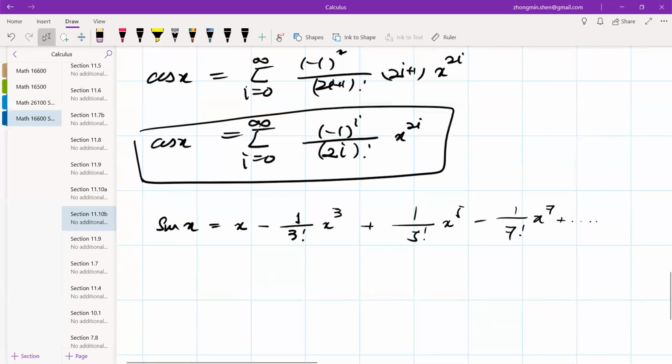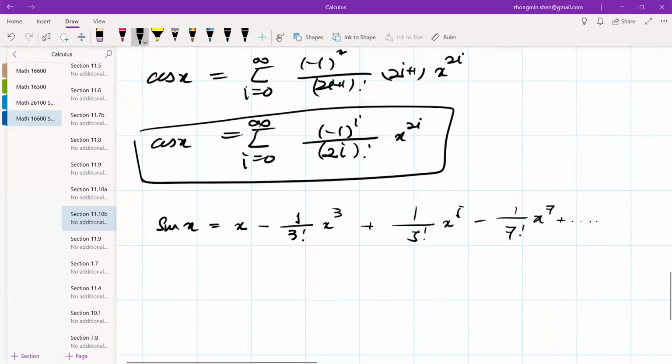Then you draw the graph for this polynomial, and you find it almost looks like a sine curve for x close to 0. If you choose 100 terms, then probably you can make a very large interval, and on that interval the difference between sine x and this polynomial is very, very small.